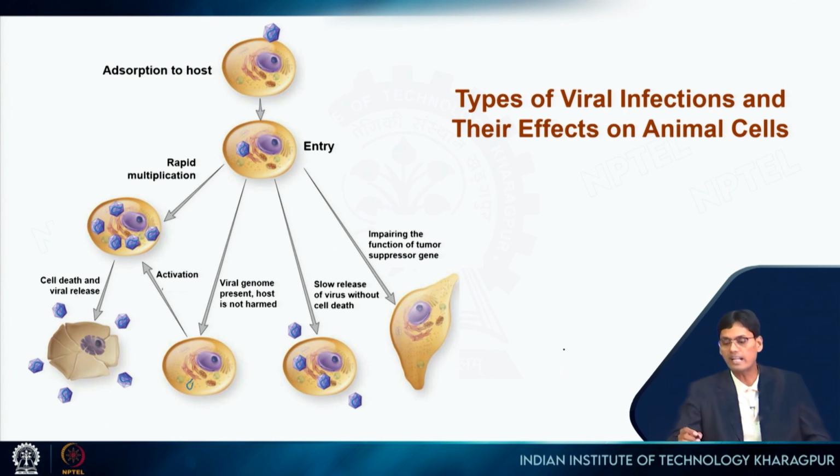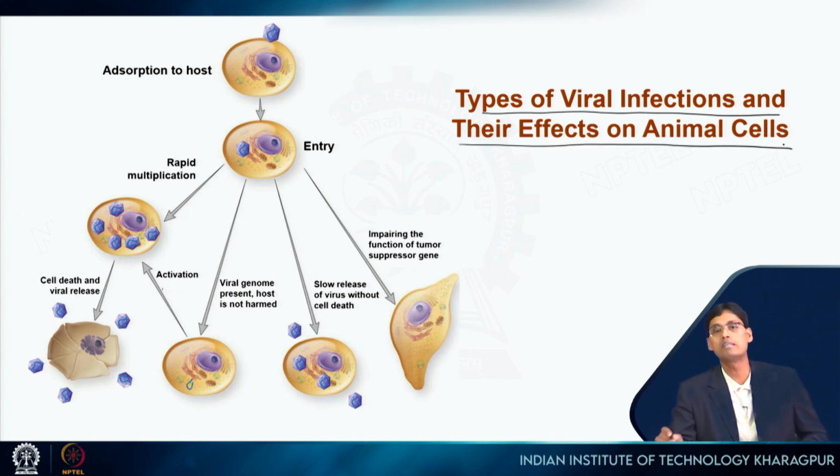Here I am trying to explain the types of viral infection and their effect on animal cells. You can consider the same thing in context of human cells. Here I mentioned that the virus will enter, multiply, and then lyse the host cell, and progeny virus will come out.